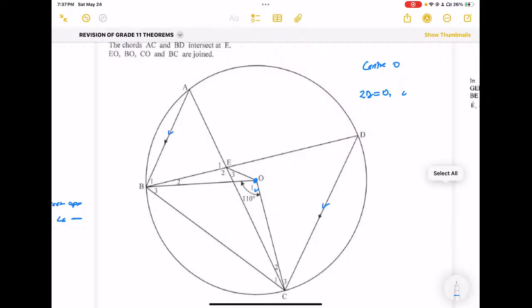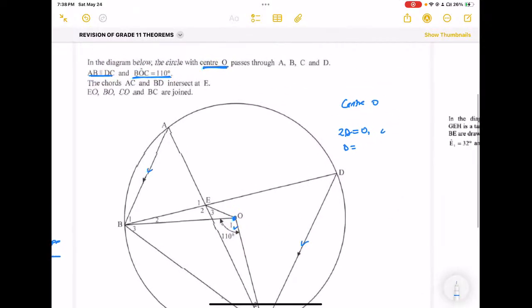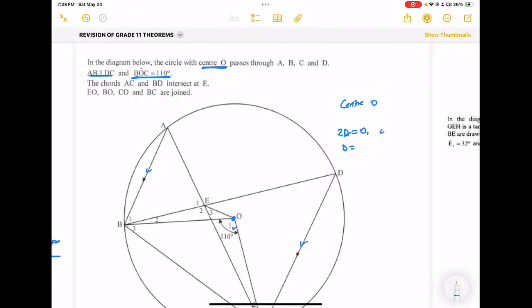So D is equal to what? It was 110, so it's going to be 55. So our D will be 55 degrees.